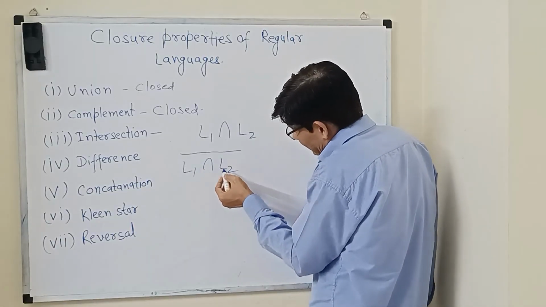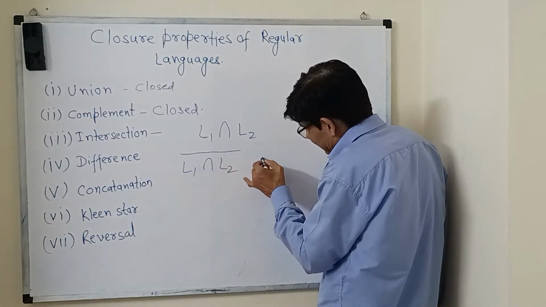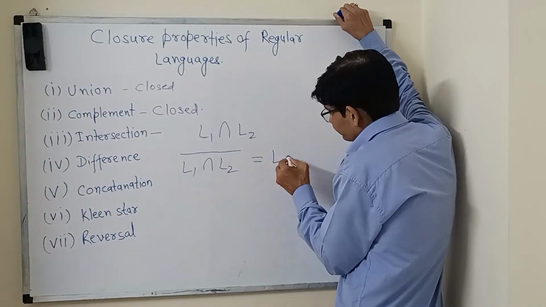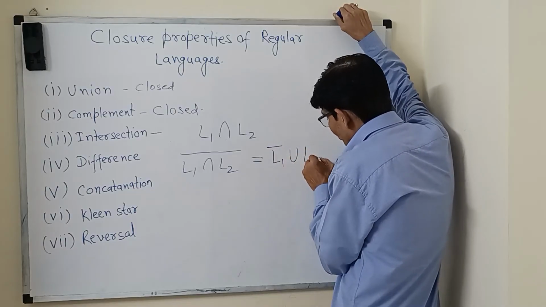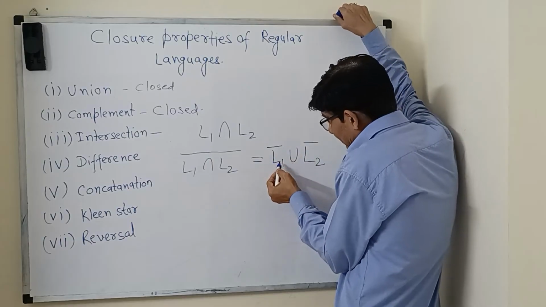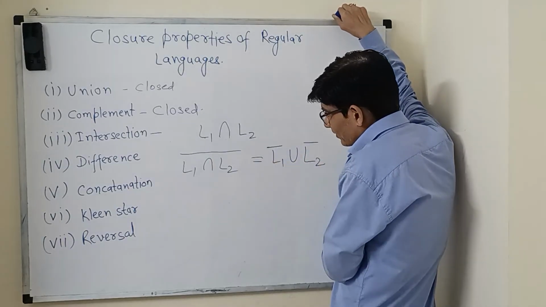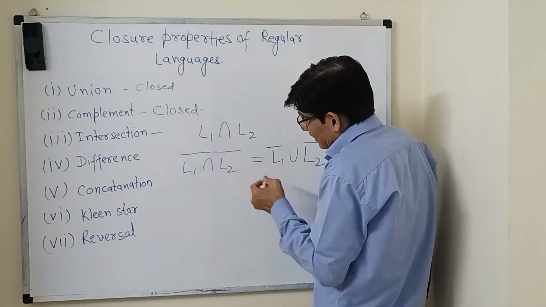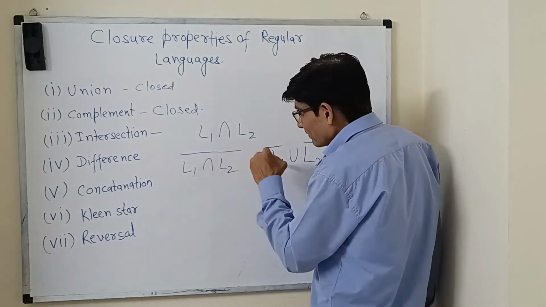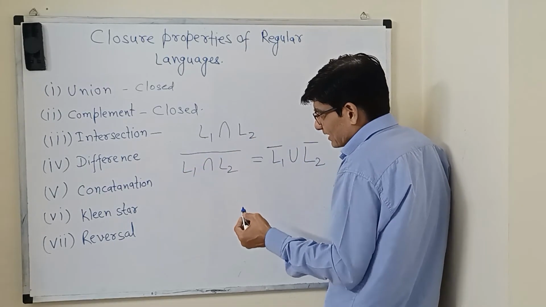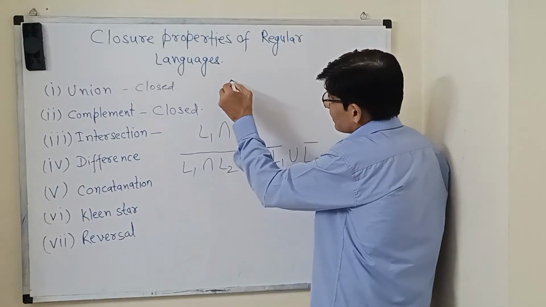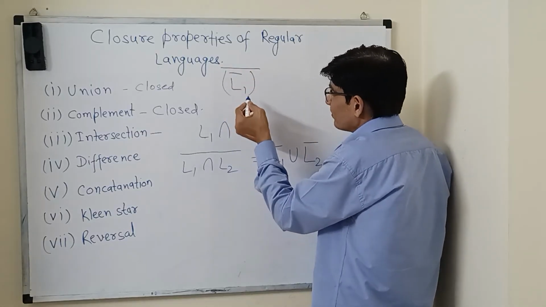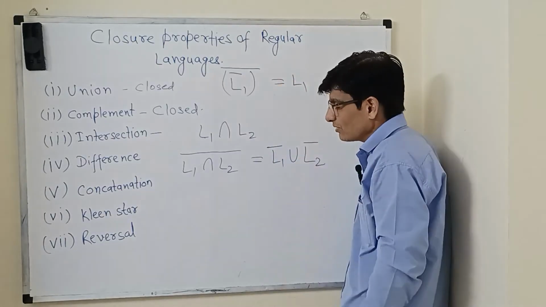We can write De Morgan's law for this like this: the complement of L1 union L2 equals L1 complement intersection L2 complement. We can use this De Morgan's law here. Now, for both sides, if I take the complement again, the complement of any given language is again the same language. Like, L1 complement is there, and if I take one more complement of this, this would be L1 again.